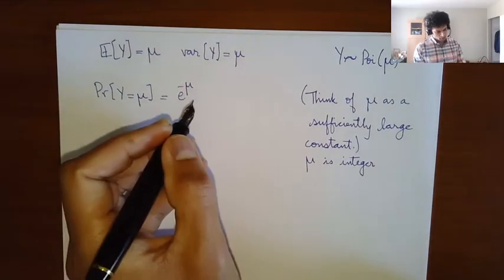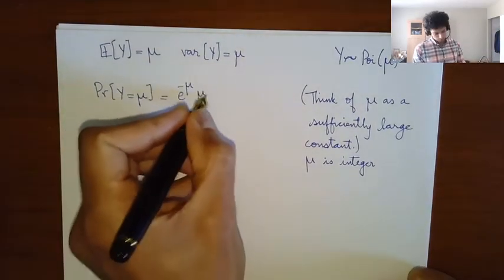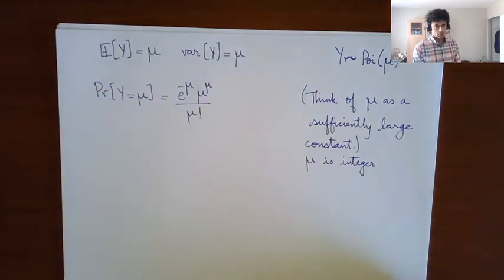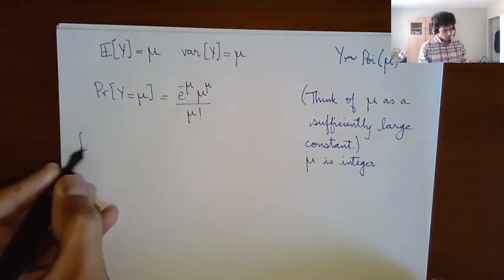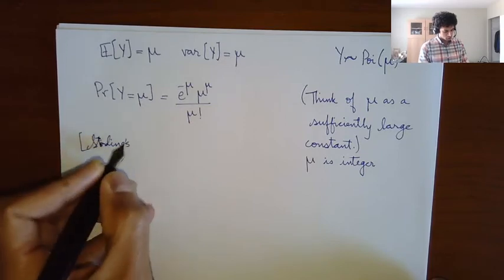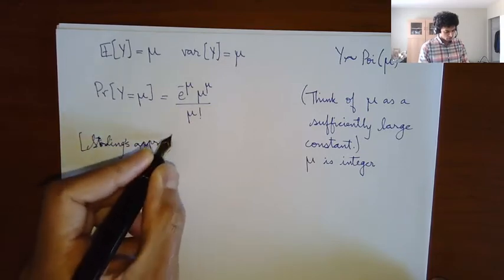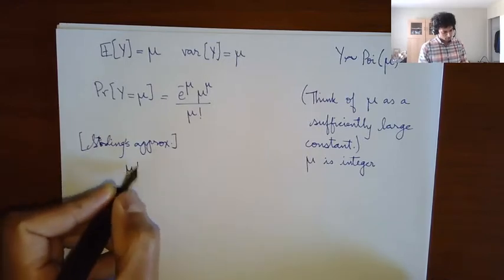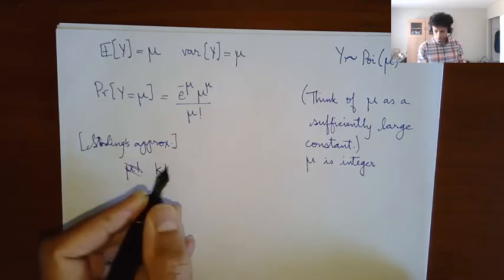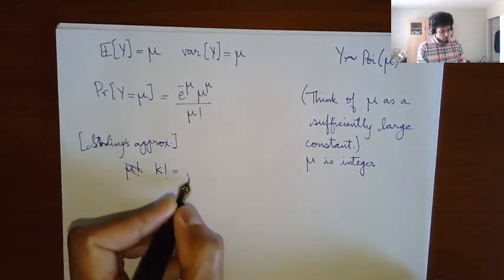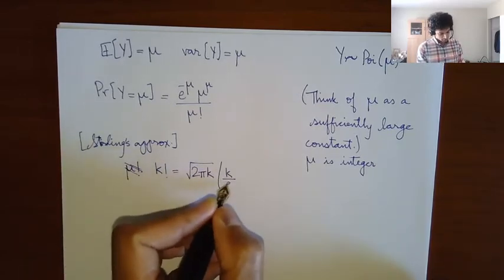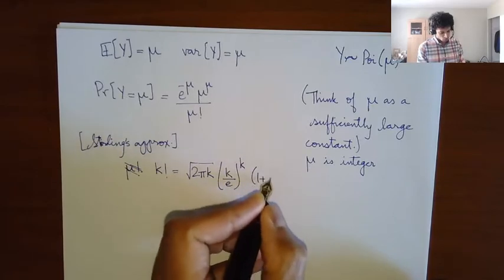Okay, so e to the minus mu times mu to the mu divided by mu factorial. Right? This is the probability that you get. Now, a very important approximation is Stirling's approximation. What Stirling's approximation says is that k factorial is essentially equal to square root of 2 pi k times k divided by e to the power k, times 1 plus little o of 1.